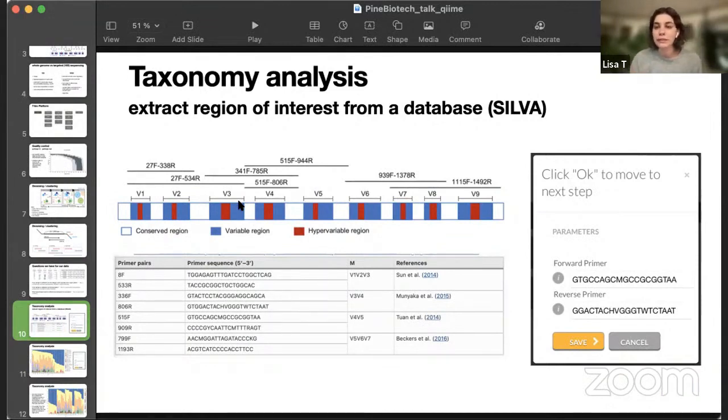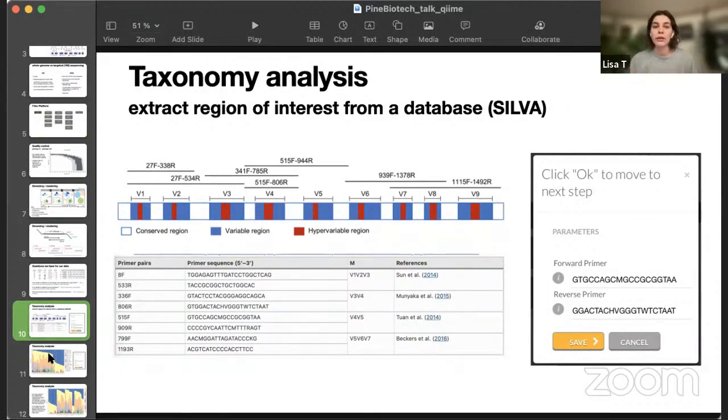Here we use the Silva database that is being updated and curated. And you can see the mostly used primers and primer sequences here. So you just take the sequence, add it to the platform, forward and reverse primers, and they will extract the exact regions from the database and run classification.